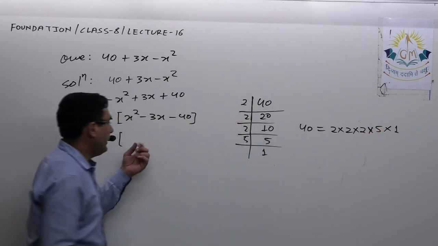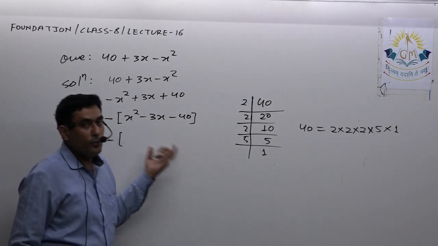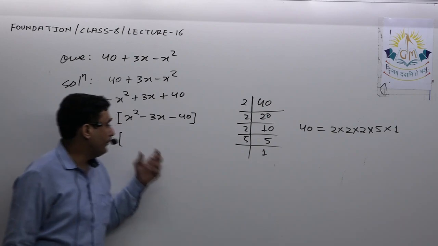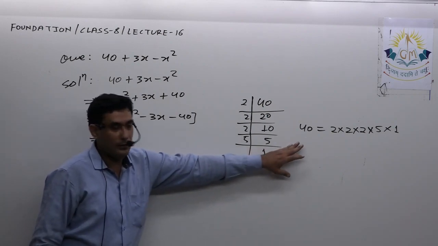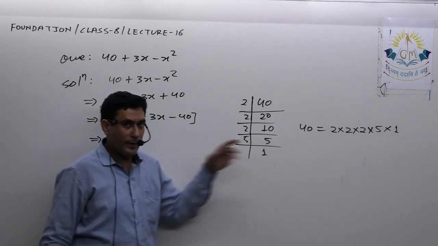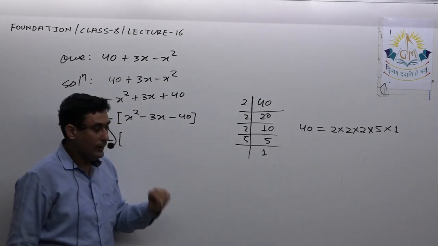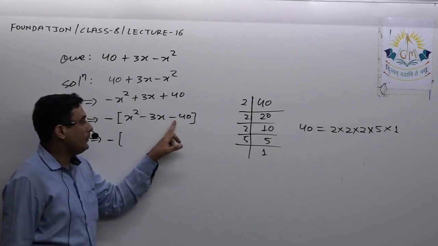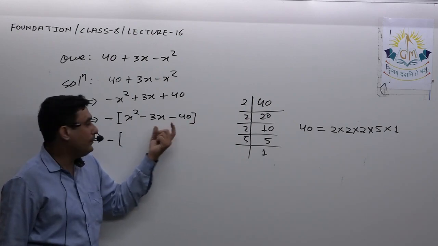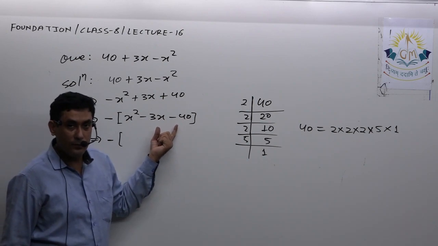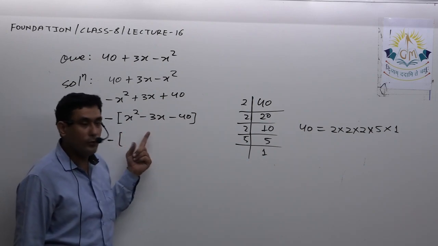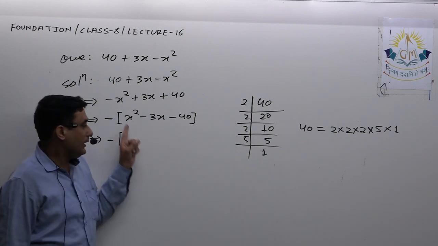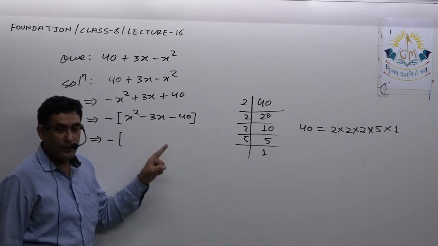Now again over here you have to make the two groups whose sum or difference is needed. By taking different sets of groups I can identify which one is the correct one. But one thing that I'm getting directly: whatever those two factors will be, their product should be negative, because the product of those two terms should be the product of the first and last term, and here the product of the first and last term is negative.